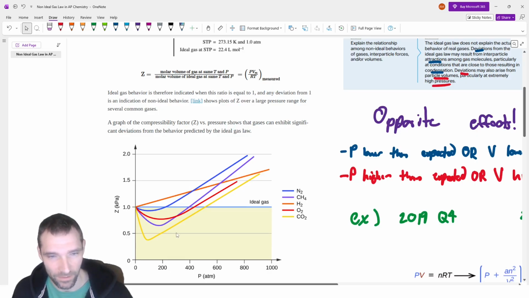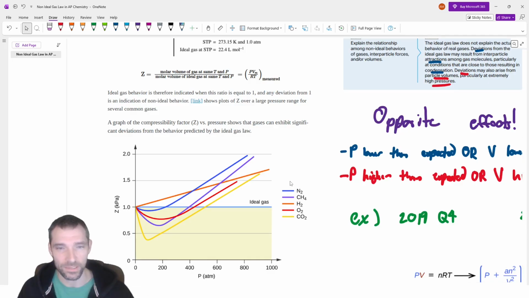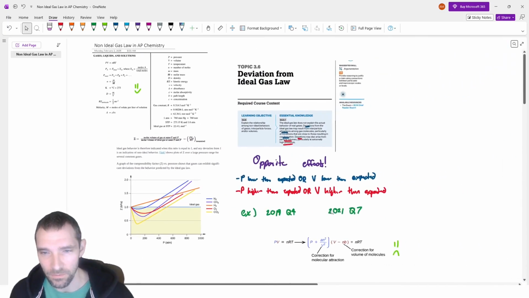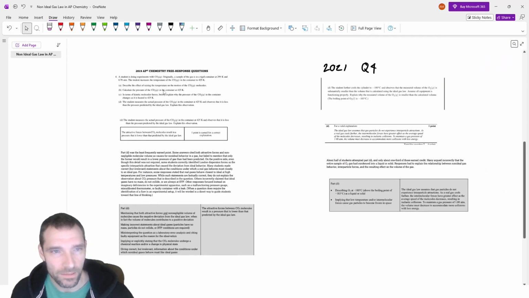In some cases, that volume's a little bit too low. In some cases, it's a little bit too high. And in the medium case, these two effects cancel out. And so you do see ideal gas behavior for most gases at medium range pressures, where the variations are not that significant. So we have two different AP Chem questions here.